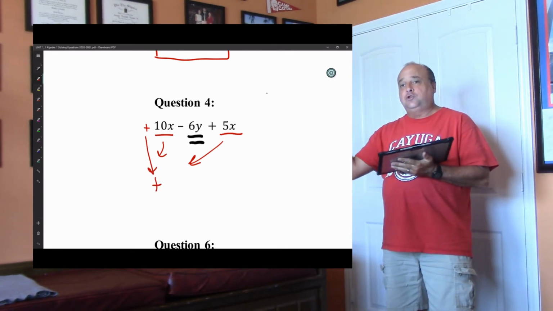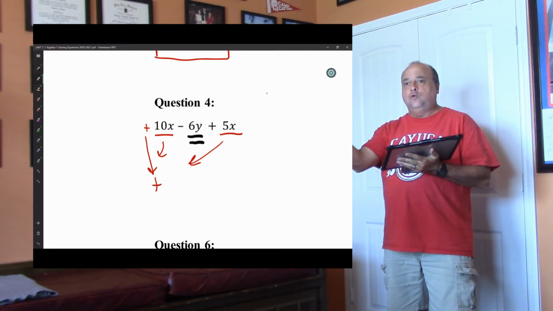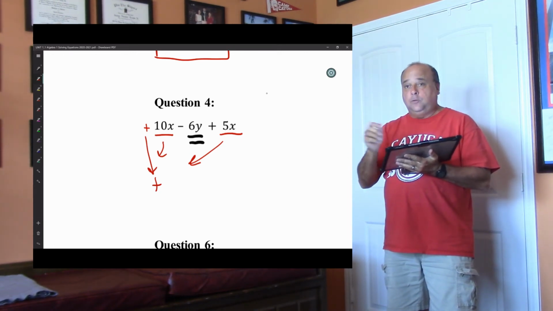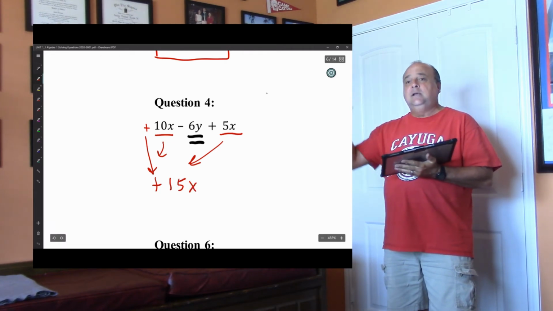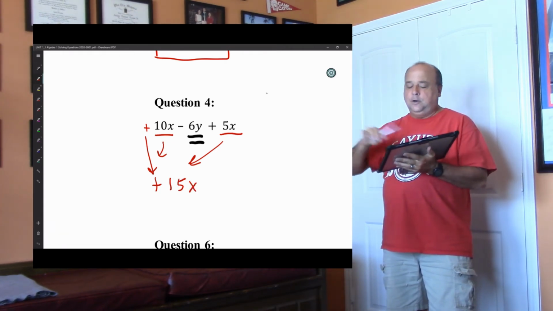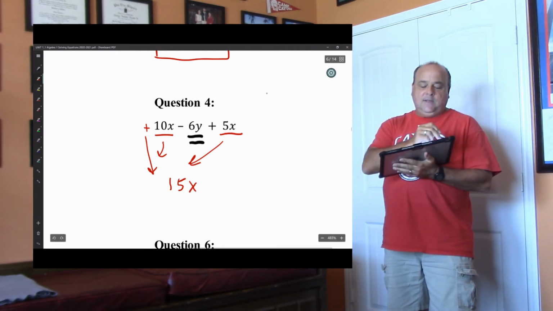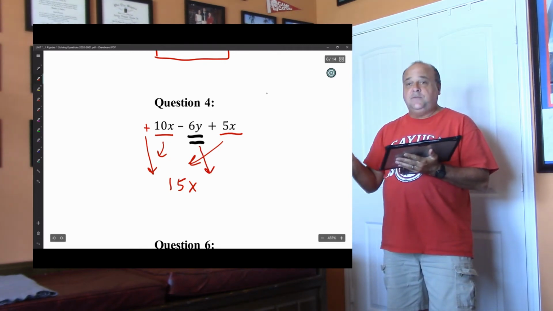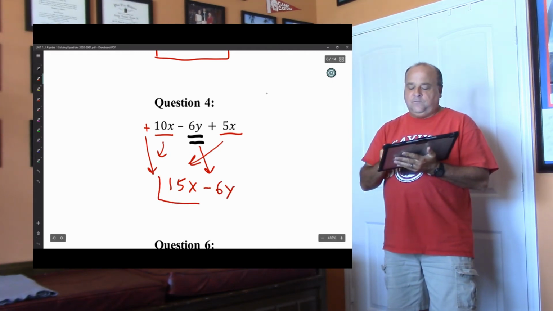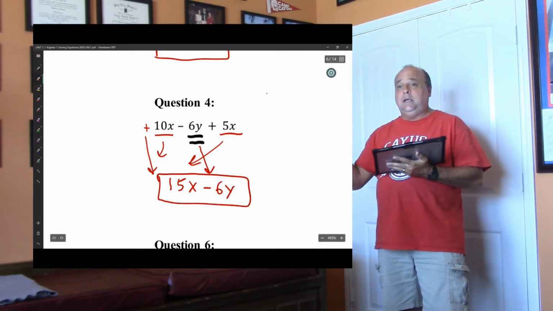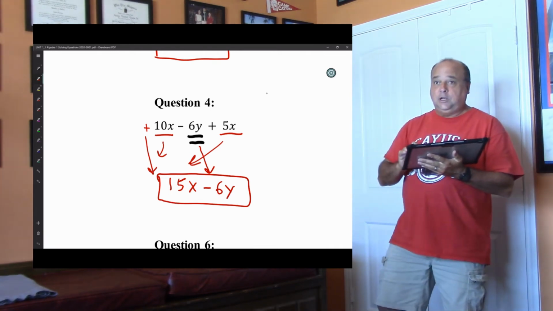Would you add or subtract the 10 and 5? I'm going to group them up and I'm going to add them because they're both positive. 10 plus 5 is 15 and my letter is x. Sign, number, letter. You're going to do that over and over. Now then lastly, the 6y, there's nothing to combine the y's to, so it just drops. So 15x minus 6y would be the simplified algebraic expression.